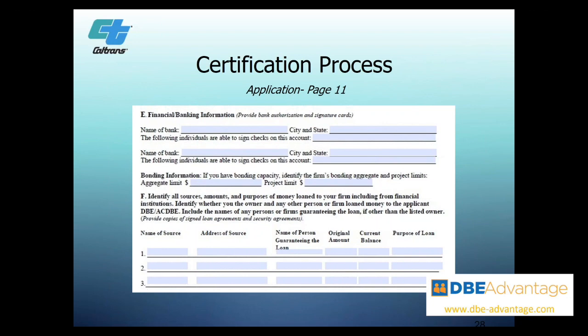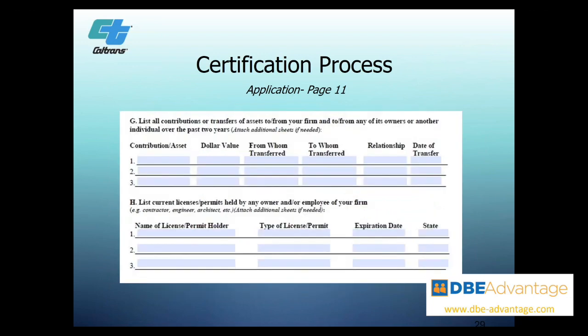This is an area that, although it seems small, is important: establishing the initial contribution into a company, especially if you have multiple owners. You want to show that monies have been transferred into that account by those owners that are seeking certification and are either eligible or qualified to be certified as a minority or women owner.